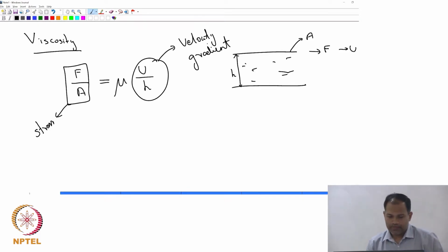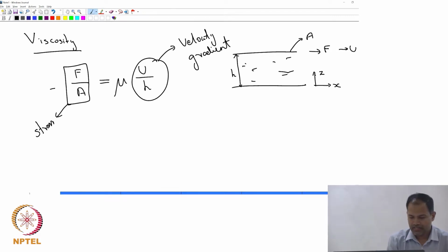Now, if we select this as the x direction and that as the z direction, we can write our shear stress as tau xz, the force that is acting in the x direction, acting on an area which has a direction along the z direction.